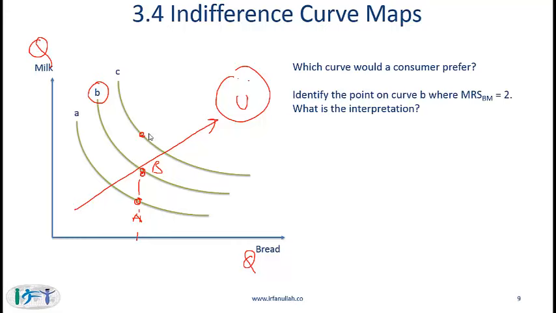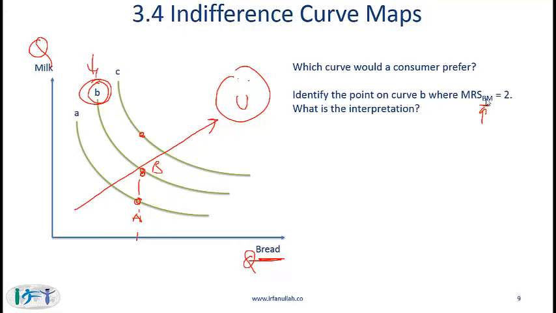Now the question for you is, let's take curve B. We need to identify the point on this indifference curve where the marginal rate of substitution for bread and milk is equal to 2. And what is the interpretation of this number? Here I want to point out a few things. When we say marginal rate of substitution of bread for milk, the item that is written first is always the x-axis item.